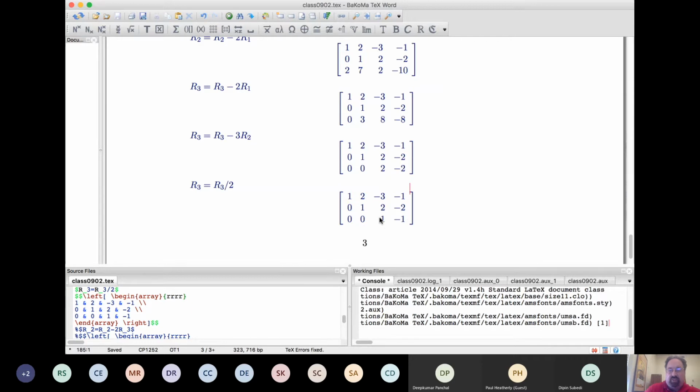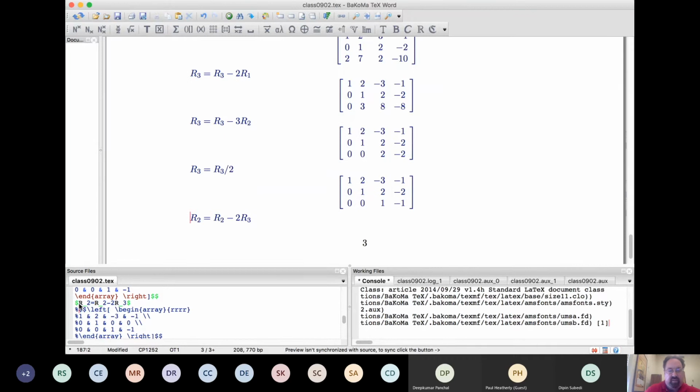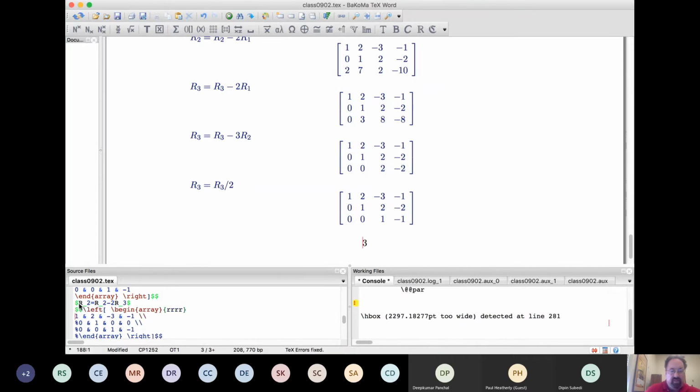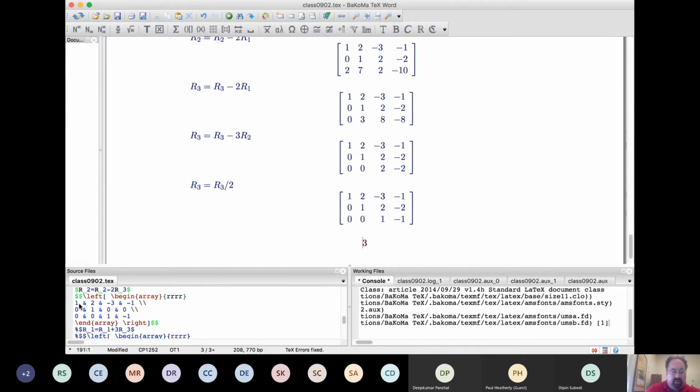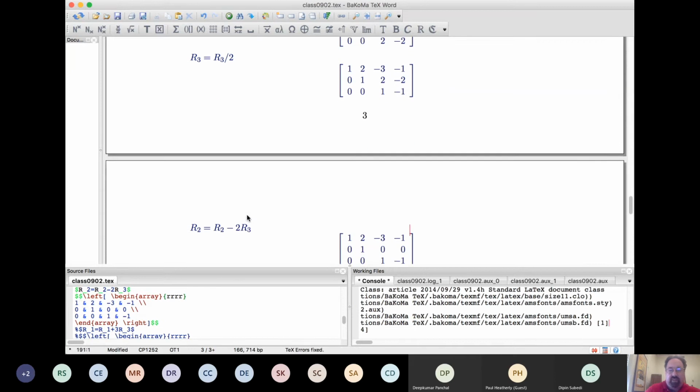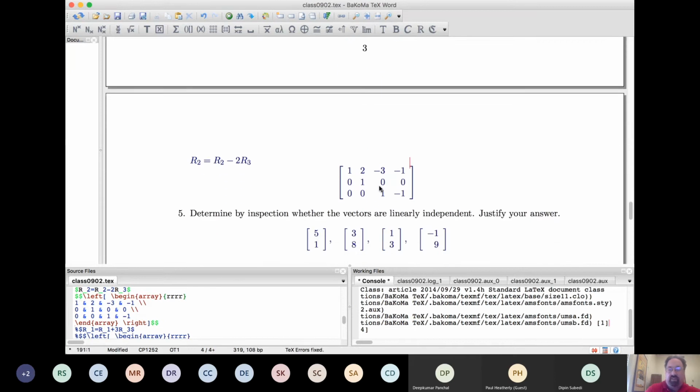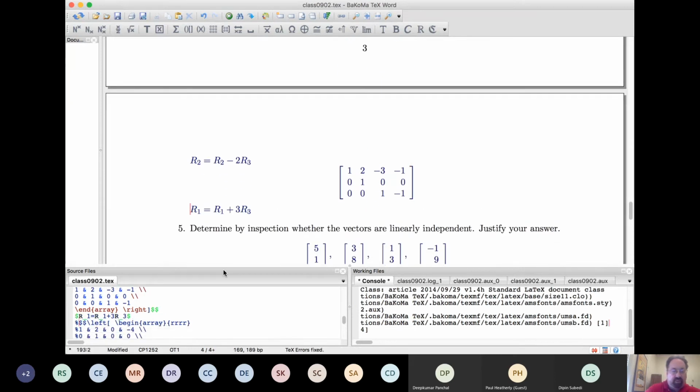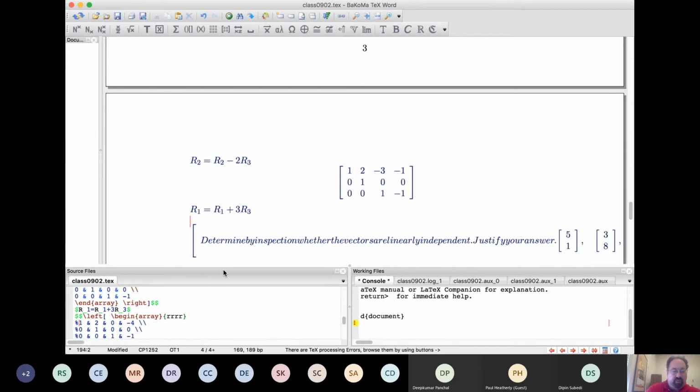So I can take twice this row to get rid of that one, and I can take -3 times it to get this one. Okay, and what does that give us? Okay, so those entries are eliminated, and then the same thing to deal with the first row.